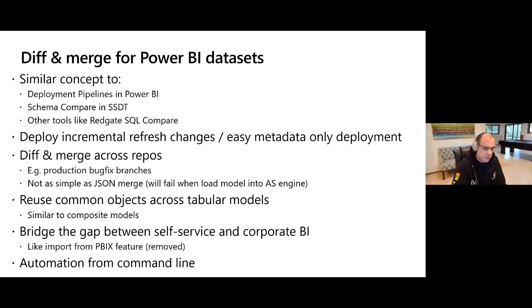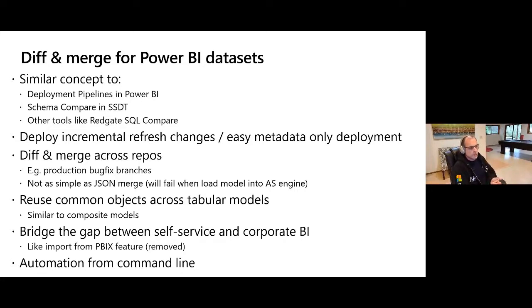You can use it even for traditional deployment scenarios, which may be more automated, may be more integrated with source control systems, things like CI/CD in DevOps and TFS traditionally.